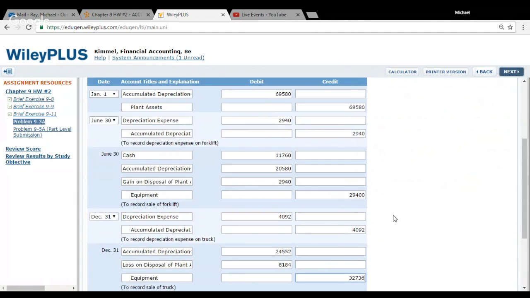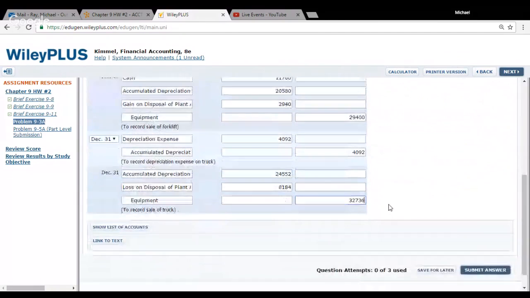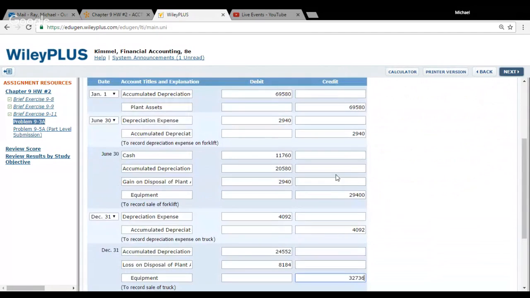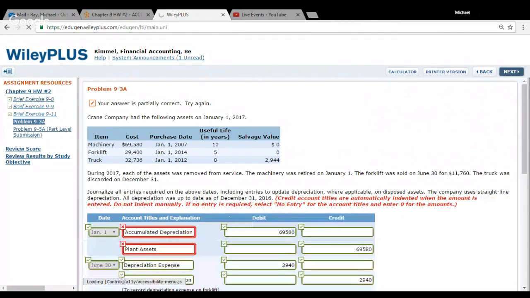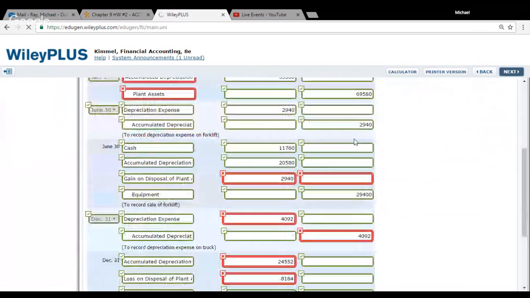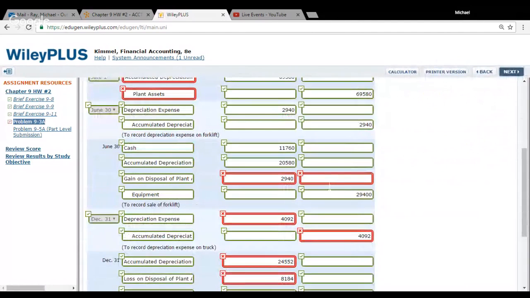So the sheet's all balanced here, and I'll go ahead and submit this to make sure that we got the right accounts. I might have mixed up a couple of accounts in here. So we'll check that out real quick. Yeah, see, I mixed up a couple of things here.